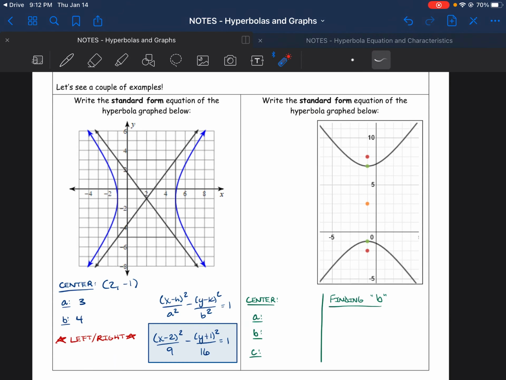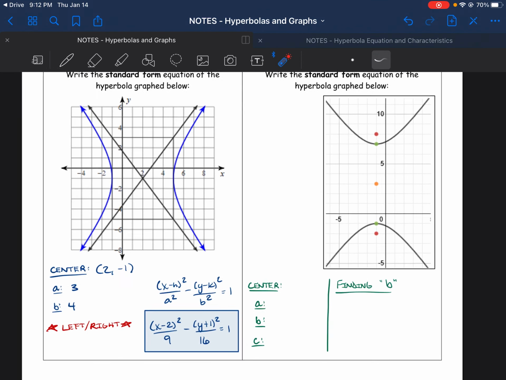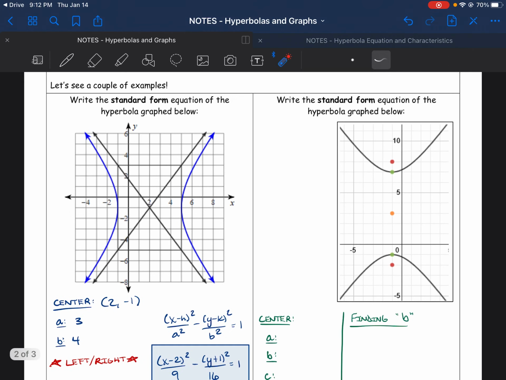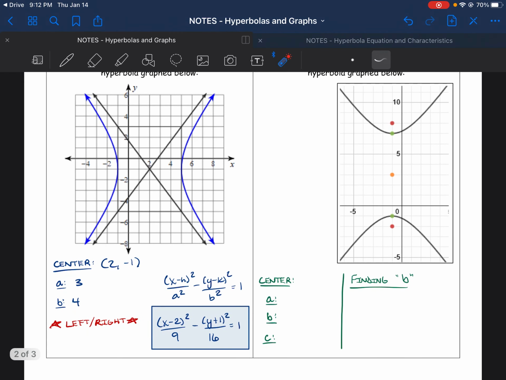All right, in the next example here on the right, notice that this time we're not given the central rectangle. That's significant because if you don't have the central rectangle, you're not going to automatically know what the B term is. So the strategy here is to find the A term using half the distance of the transverse axis.